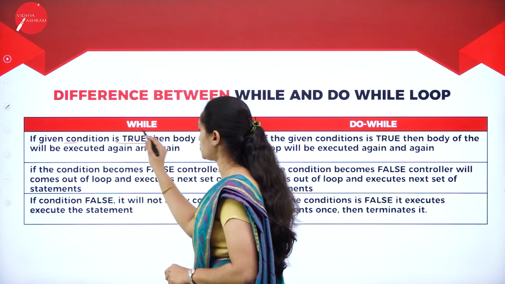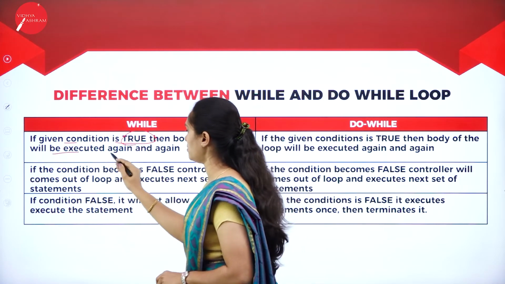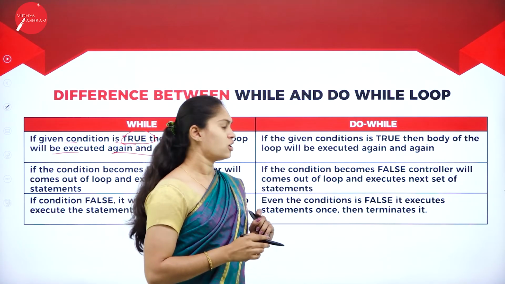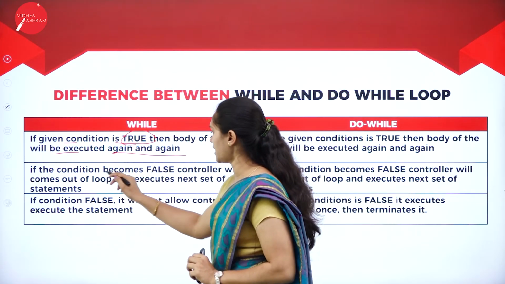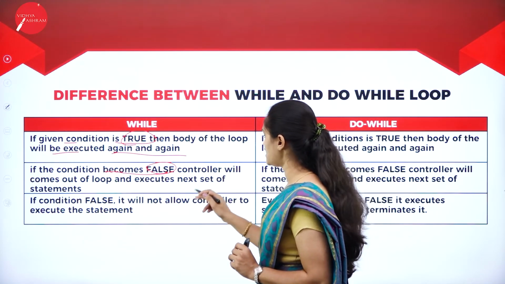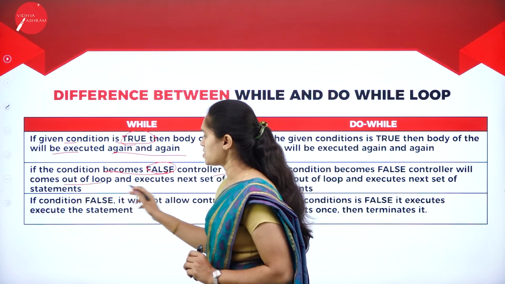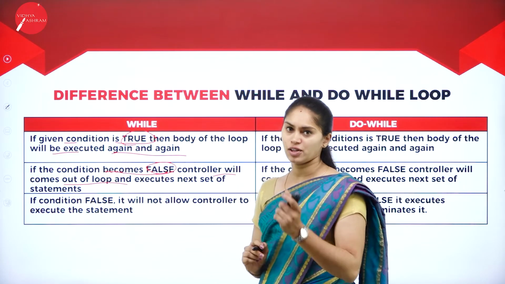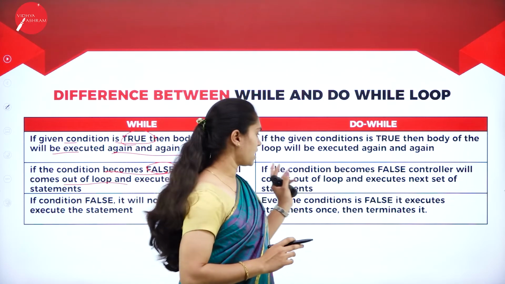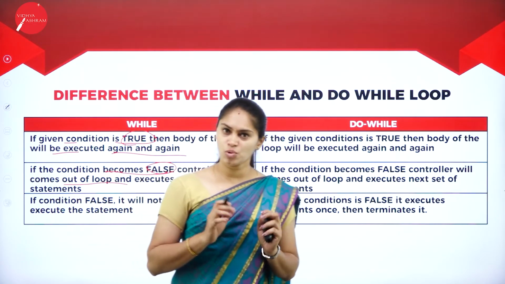If the condition is true, then the body of the loop will be executed again and again. The same thing happens with do while. Then what if the condition becomes false? In the while statement, control comes out of the loop and executes the next set of statements in the program. The same thing happens in do while.